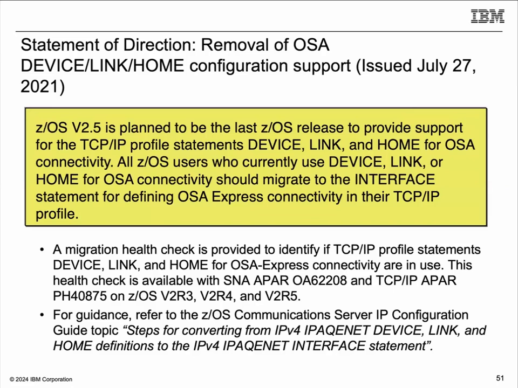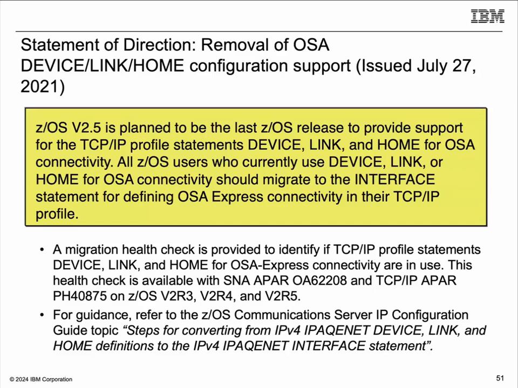The interface statement was introduced about 20 years ago. So this is not breaking news. And as a matter of fact, as we have added functions to OSA, we always add the parameters to the interface statement, but for a long time now, we've not been putting those on device, link, home. So if you've wanted to use any of our new features in the last decade or so, you've had to use the interface statement.